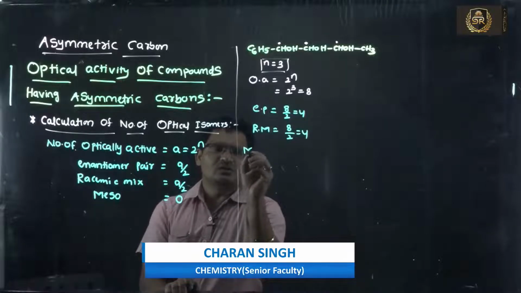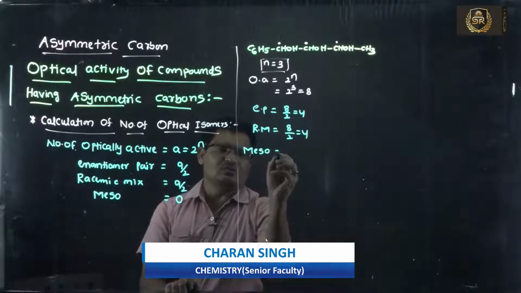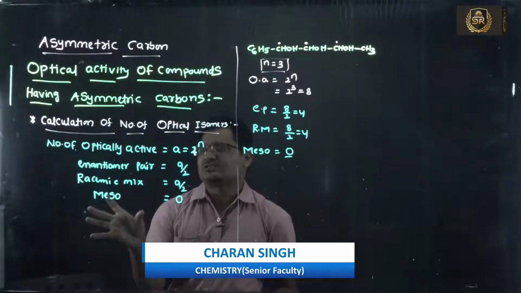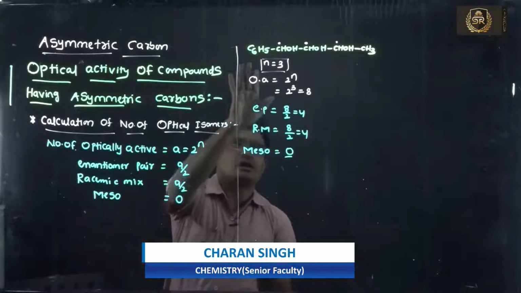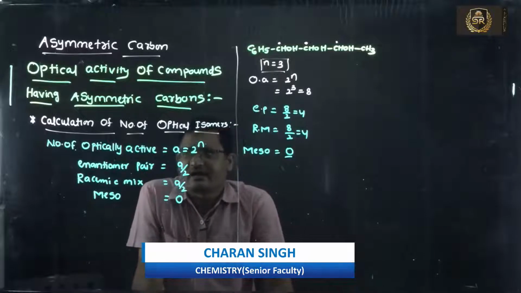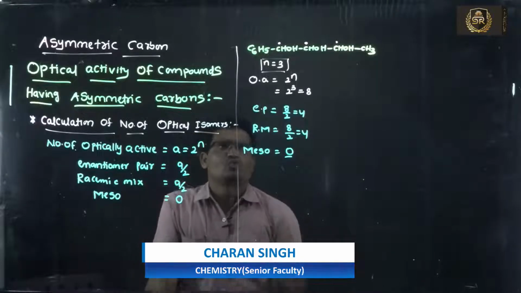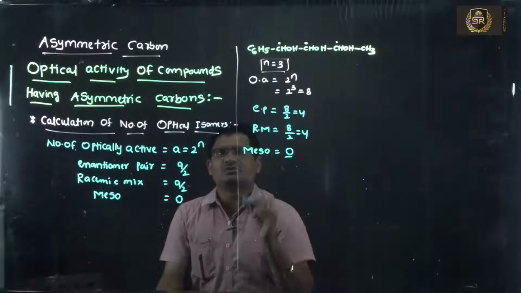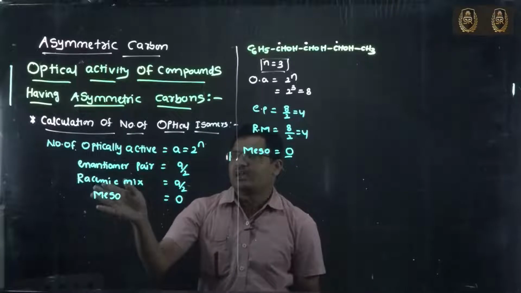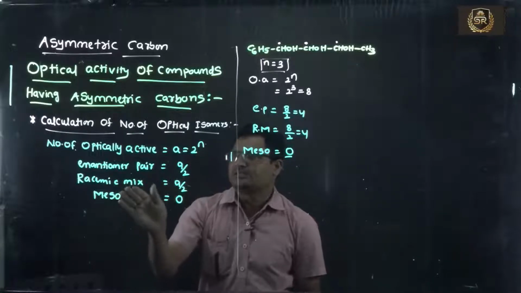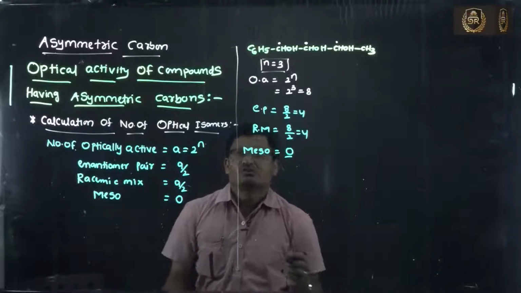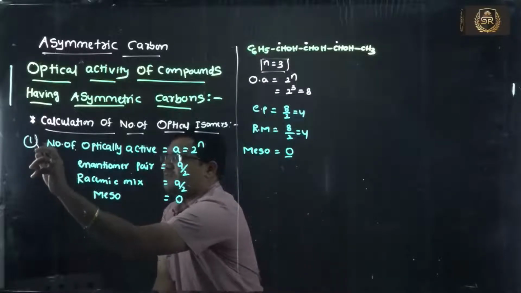Then meso compound is 0. You use this formula when the two ends are different and it cannot be divided into two identical halves. So the formulas are: number of optically active A equals 2 power n, enantiomer pair A by 2, racemic mixture A by 2, meso is 0. This is one type of formula.